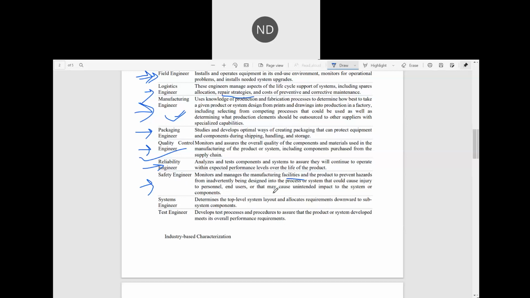So to prevent those, the safety engineer is going to monitor and manage the manufacturing facilities, how to do the manufacturing processes and the working processes of the systems. Okay, so they're going to see those things.